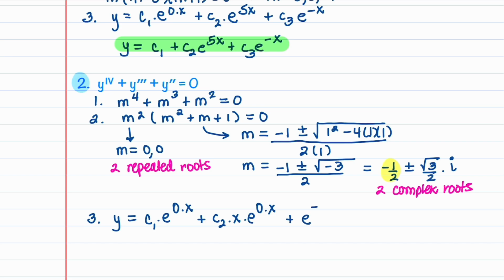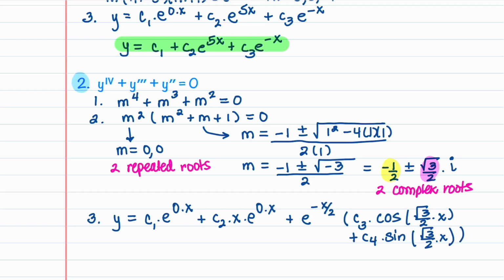So we have minus x over 2. And now we have to take into account the complex part, which is the plus or minus root 3 over 2. So this gives us c3 times cosine square root of 3 over 2 times x plus c4 times sine square root of 3 over 2 times x.